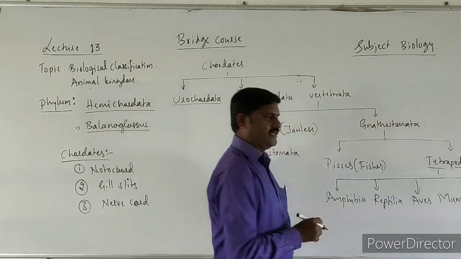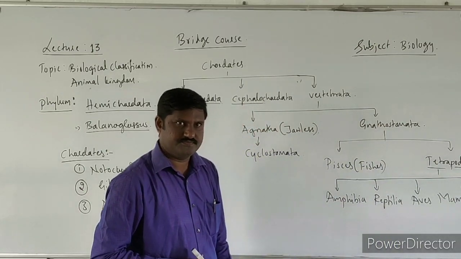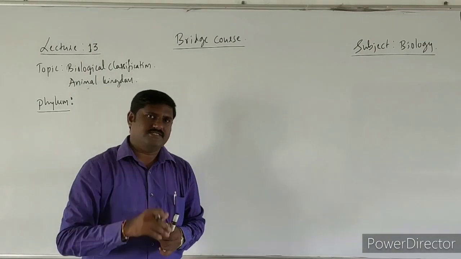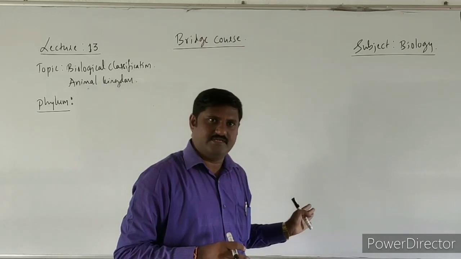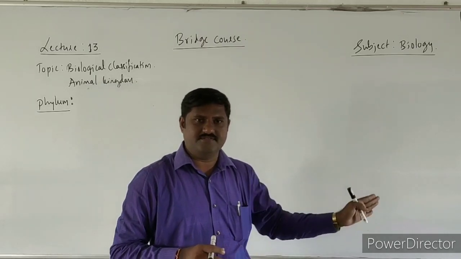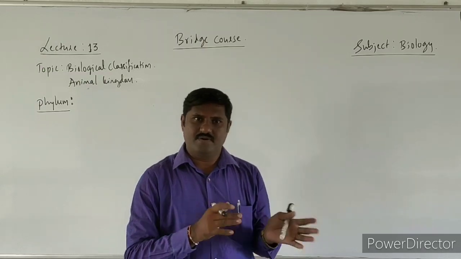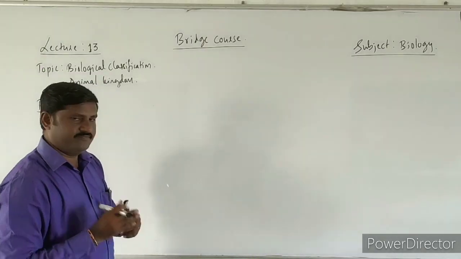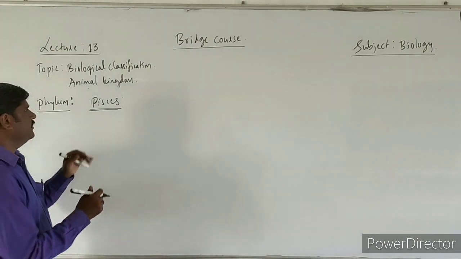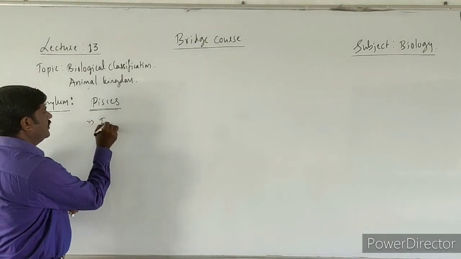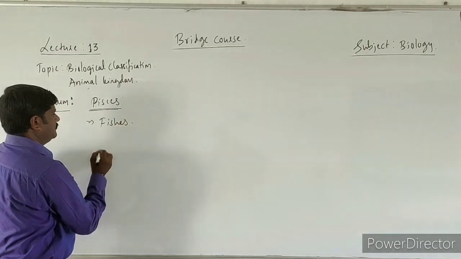This way they have been classified into four groups. As you came to know, tetrapods are amphibians, reptiles, aves, as well as mammals. One by one we will see now itself. Before, yes, Pisces. So this includes all kinds of fishes.